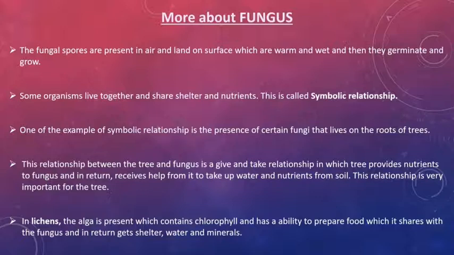This relationship between the tree and the fungus is a give and take relationship in which the tree provides nutrients to the fungus and in return receives help from it to take up water and nutrients from soil. This relationship is very important for the tree. In lichens, the alga is present, which contains chlorophyll and has the ability to prepare food, which it shares with the fungus and in return gets shelter, water and minerals.